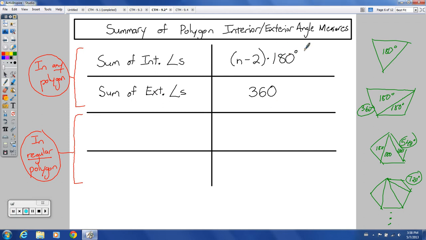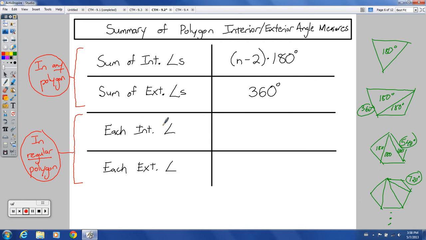We're at this 180 degrees and 360 degrees, and then down here each interior angle and each exterior angle. Let's see what we have for that. So if this is in any polygon, you have this and you have this.